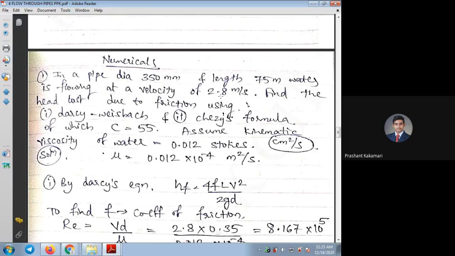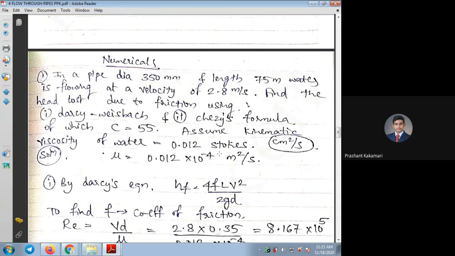Find the head loss due to friction using the Darcy-Weisbach equation and Chezy's equation, for which Chezy's constant is given here. C is given as 55. Assume kinematic viscosity of water as 0.012 Stokes.